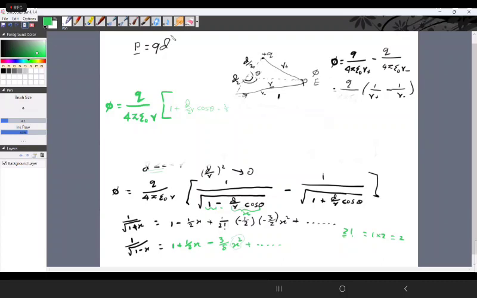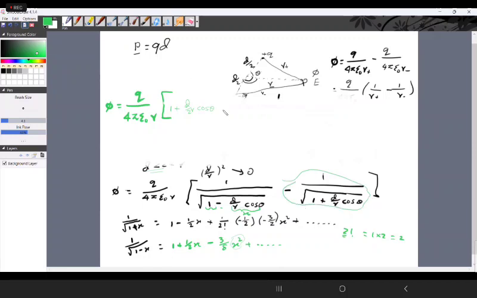Therefore, I just neglect this term, so only 2 terms will be there. That means 1 over root of 1 minus d over r cos theta will be equal to 1 plus d over 2r cos theta. And now we are going to do this for the next term.